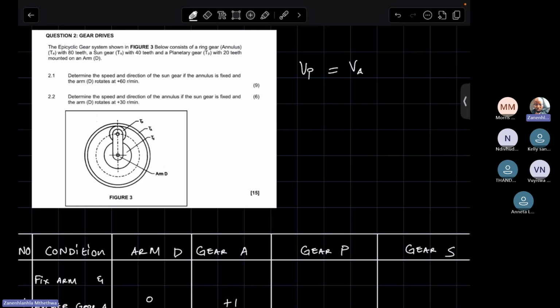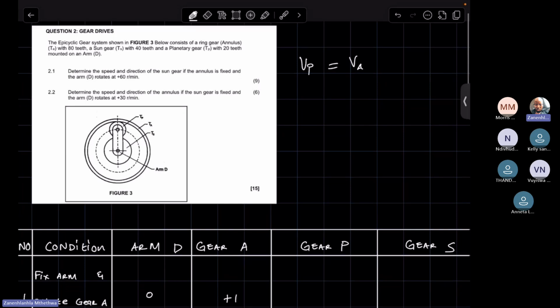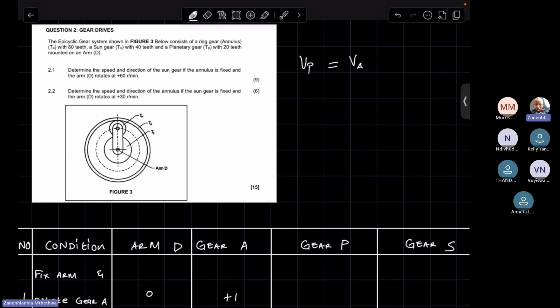So when I say establish the relationship between the two gears, the gears are in mesh, which means their circumferential velocities are the same. Now, what does that mean? Now, that means essentially that NP times TP is equal to NA times TA.